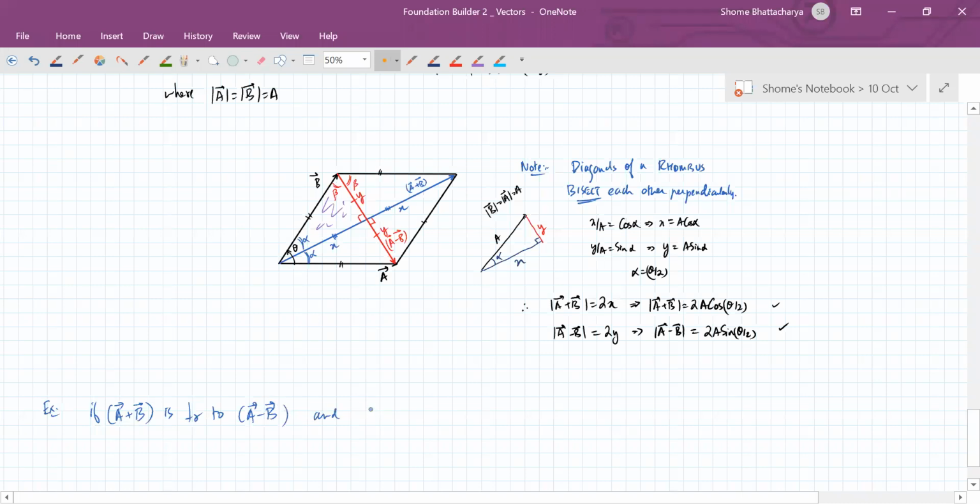and magnitude of A plus B is magnitude of A minus B divided by root 3. Okay.